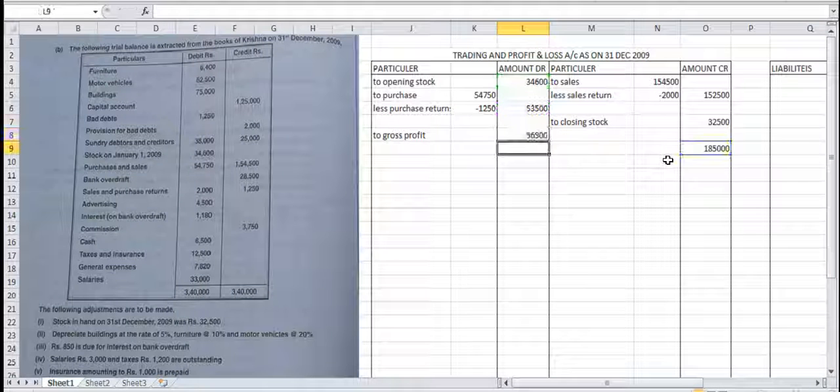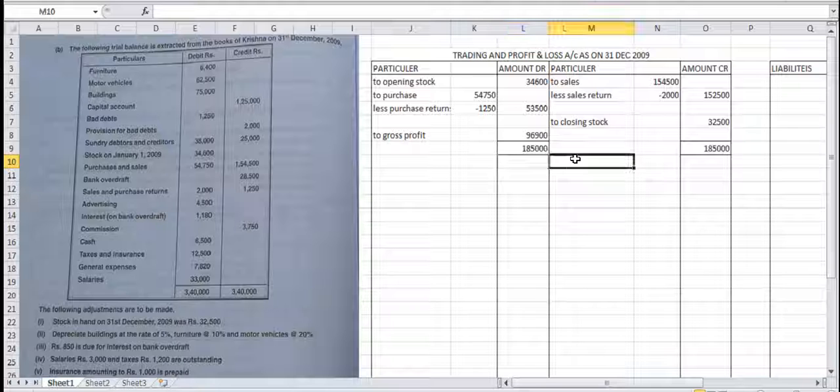Now we are getting 96,900 as the gross profit. Here also 1,85,000. We have got 1,85,000.